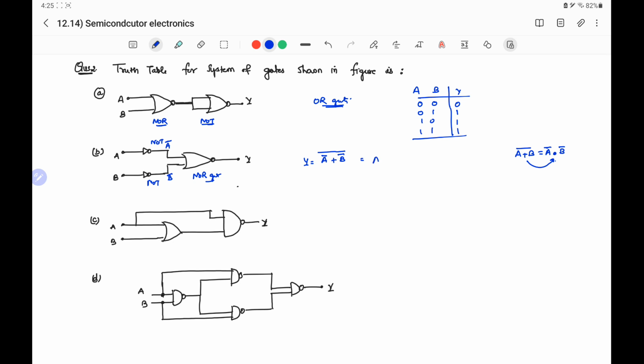So we will have complement of A dot complement of B. Also we know that complement of complement of A will be the A itself, so it will be A and B. So it is an AND gate, and the truth table for the AND gate, which we have already done, is if inputs are 0 0, 0 1, 1 0, 1 1, then output will be 0 0 0 1. That means high when both the input terminals are high.